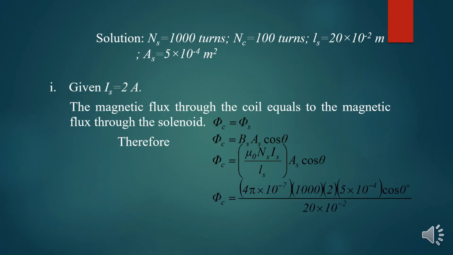Theta is the angle between B and A, so the angle between B and A is equal to 0 degrees. Then we got the answer 6.8 times 10 power of -6 Weber.